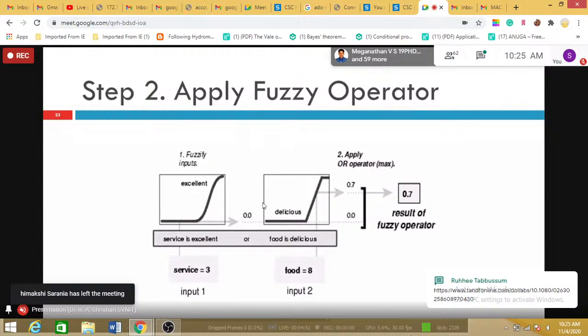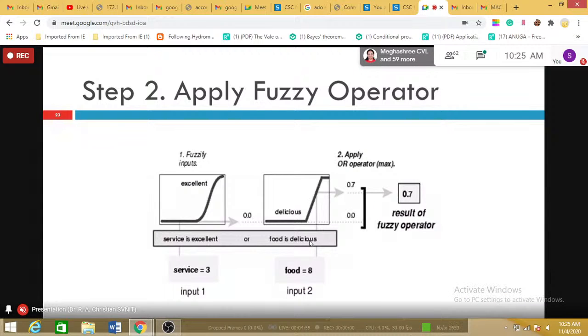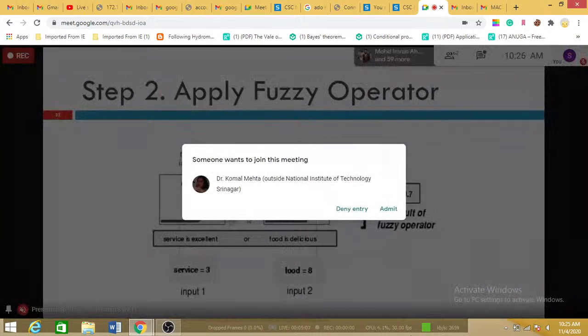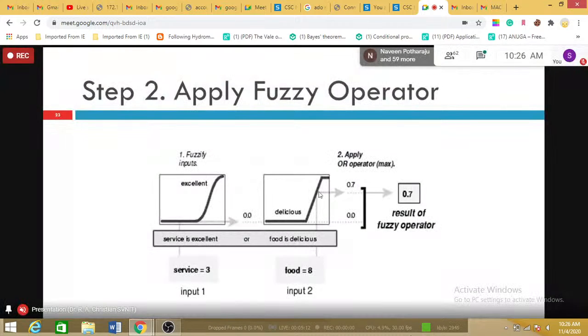Okay. So if the service is excellent or food is delicious, then some output result will be coming. So in this case, my service was 3. So output from this is coming as 0. And my food was delicious, as I said. So output was coming as 0.7.